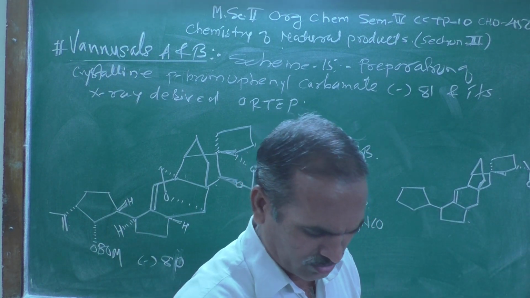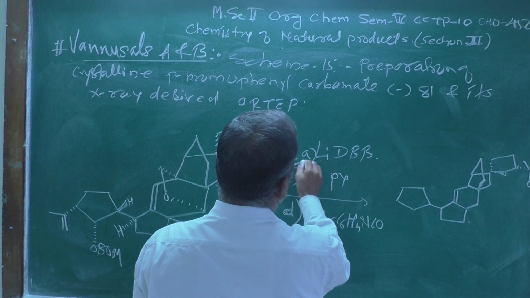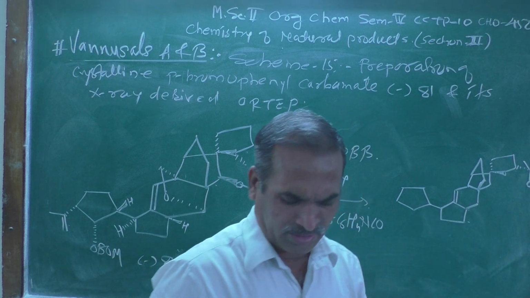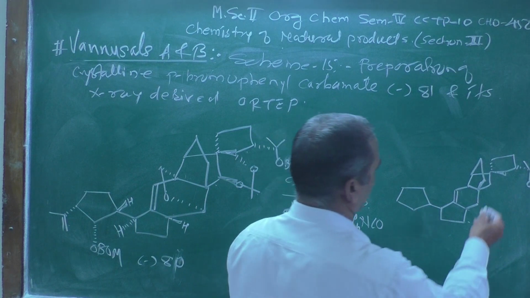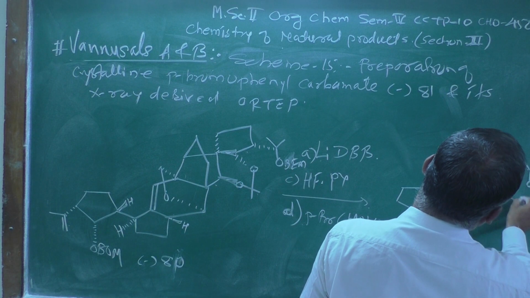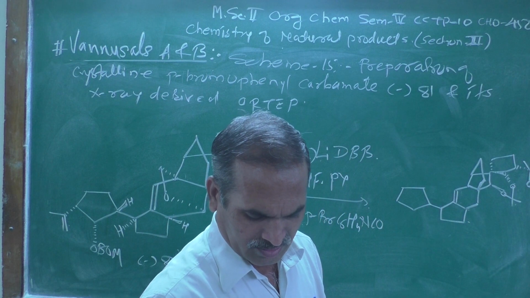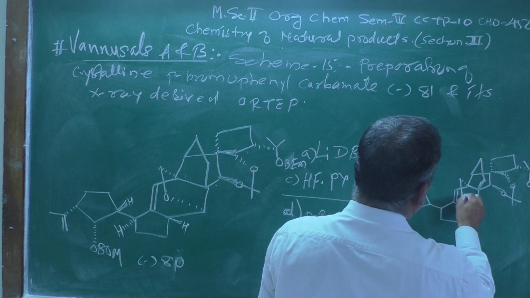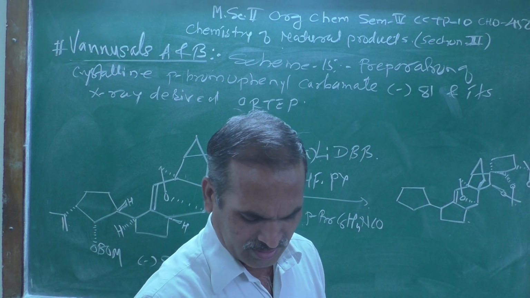Sorry, in 80 there will be a SEM. After that, with LiDBB it gets opened, so we will get a hydroxyl group over there, and this is a protected group which remains as it is, and the next group also remains as it is.